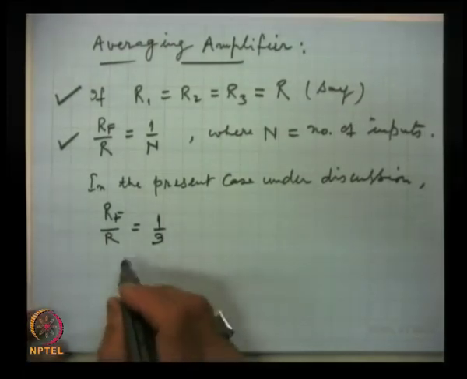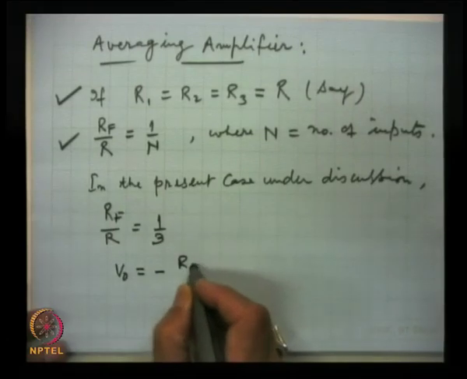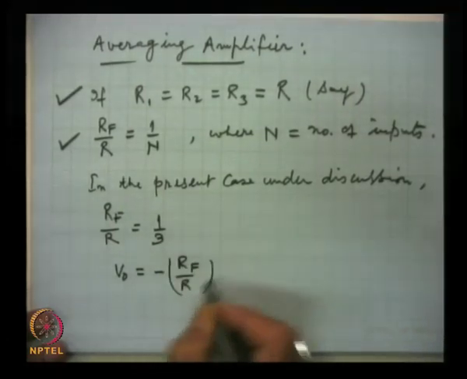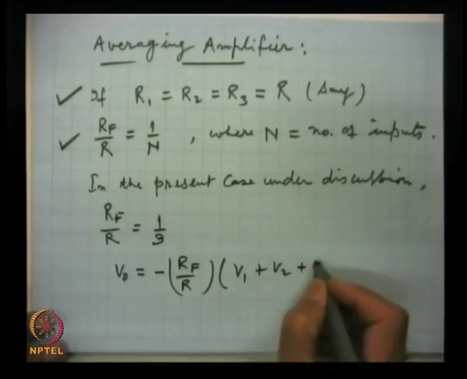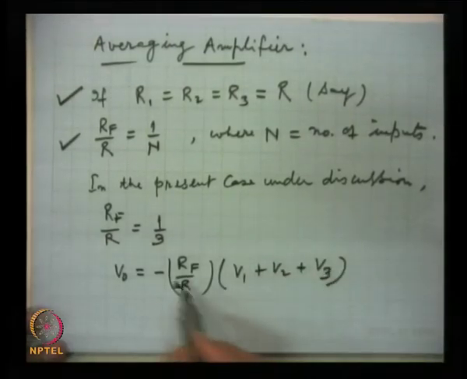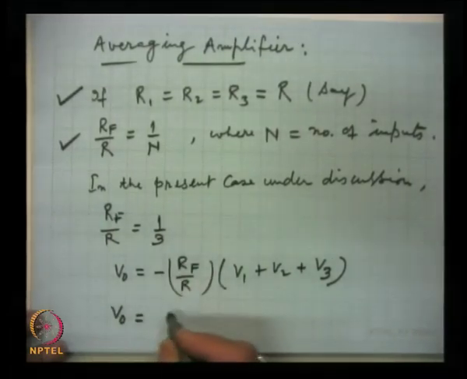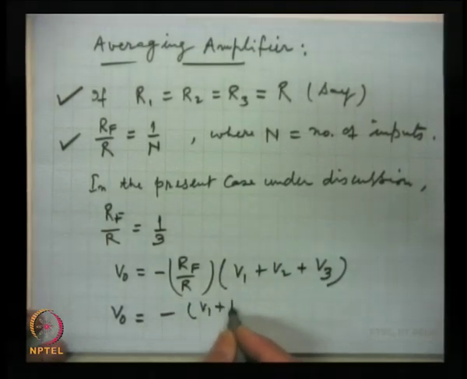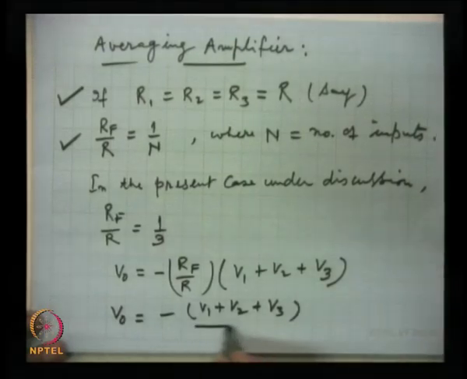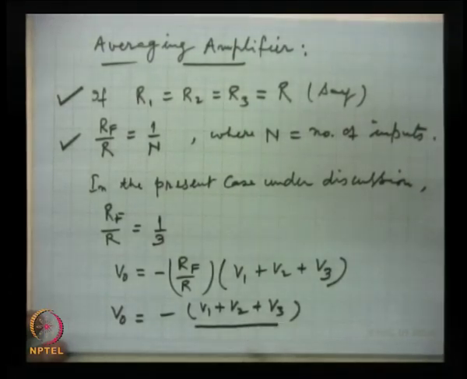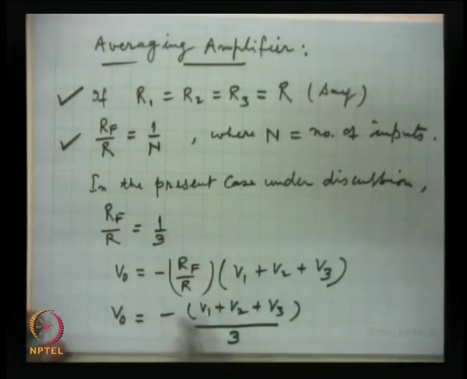So obviously V0 is minus Rf by R into V1 plus V2 plus V3, and so V0 will be minus V1 plus V2 plus V3 by 3, because Rf by R is 1 by 3.